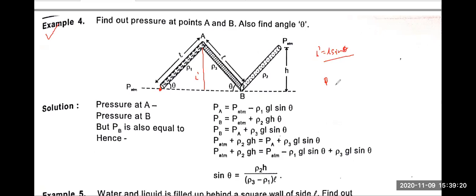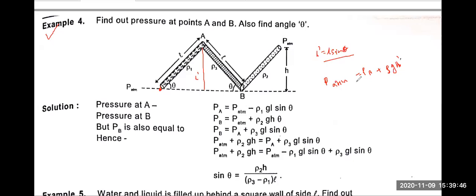So I can say that PATM, the pressure at this point, is equal to the pressure at A plus the pressure due to this. But the length is this one. I hope all of you remember the height is this one, which is rho g L dash.